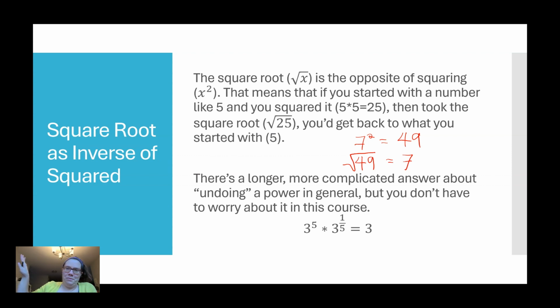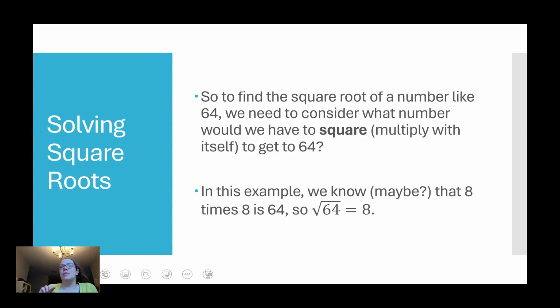Also, sidebar, there are cube roots and all other kinds of roots, but we're not going to cover them in this video or in this course. So there are these lovely numbers that we call perfect squares, and perfect squares are the ones that are going to be easy to do in our head, hopefully.